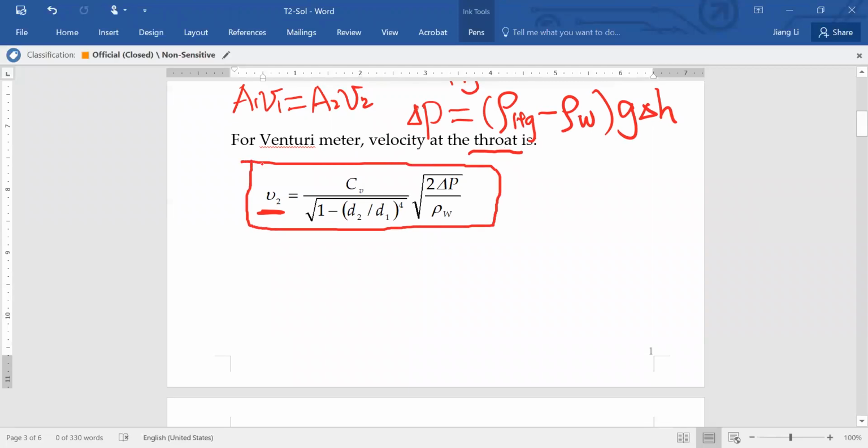The velocity you calculated here is the velocity at the throat, so it means D2, don't forget. Then for the delta P, the pressure, you can use mercury density minus water density, times g times delta H to find. And this one is the fluid, water, flowing inside the pipe.